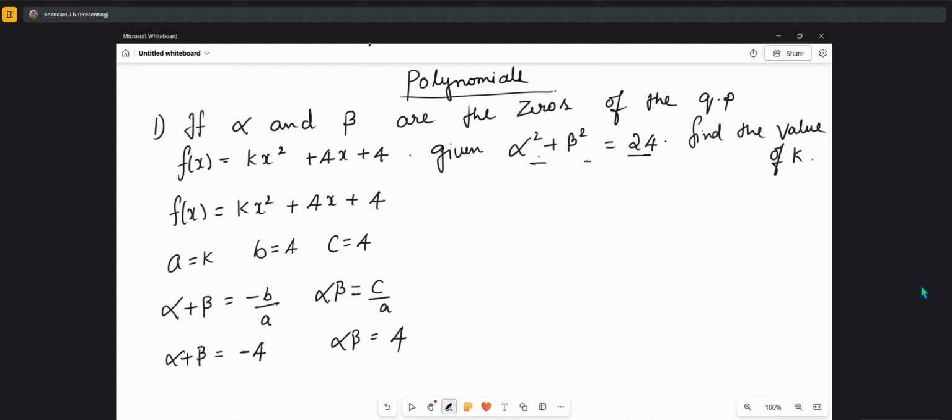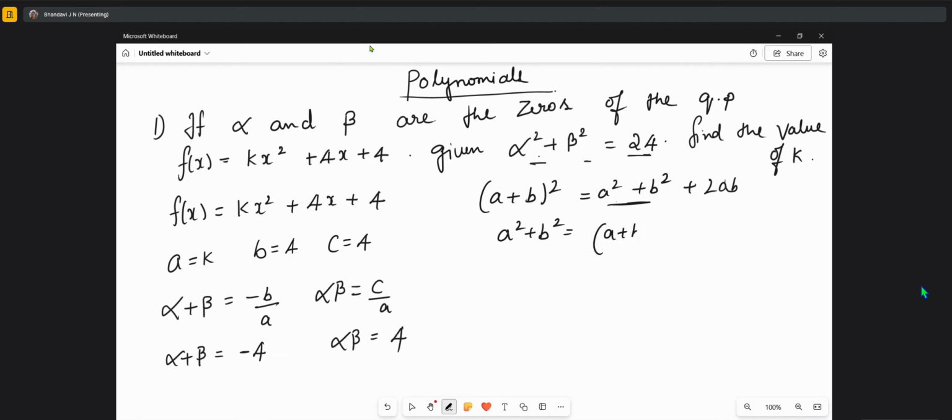Okay. Now alpha square plus beta square is equal to 24. And we know that a plus b whole square is what? A square plus b square plus 2ab. Correct? So I can write a square plus b square will be equal to a plus b whole square minus 2ab, if I shift 2ab to the other side.